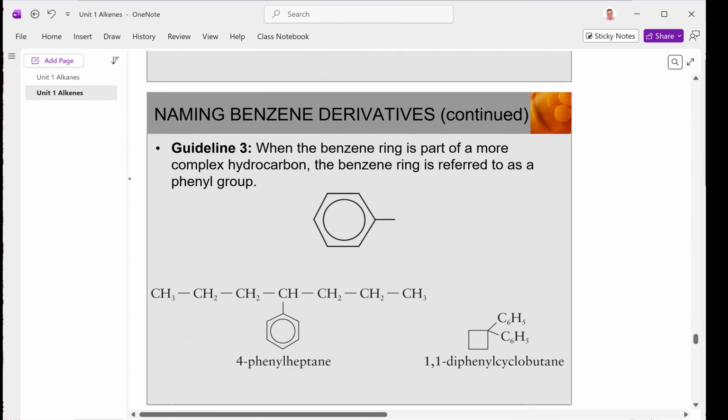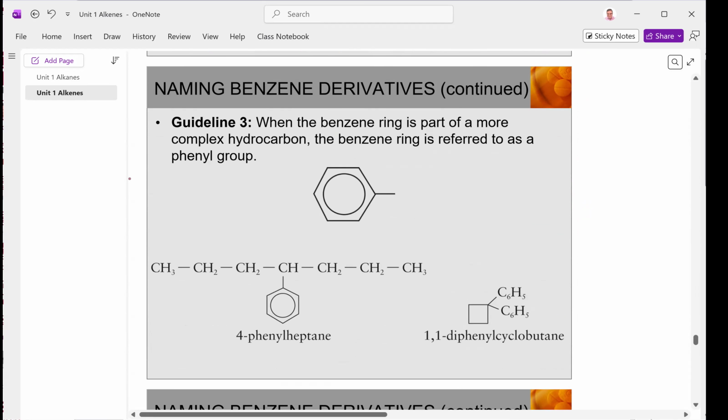When the benzene ring is not singly substituted, like up here, where it's a branch, the branch isn't named benzene anymore. It's called phenyl. Like this is a backbone here.